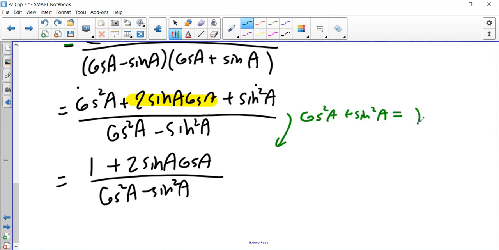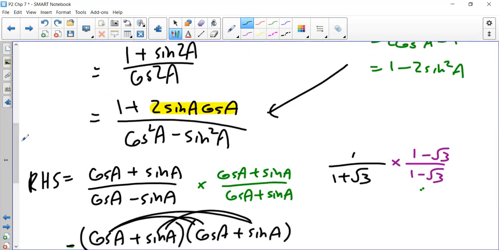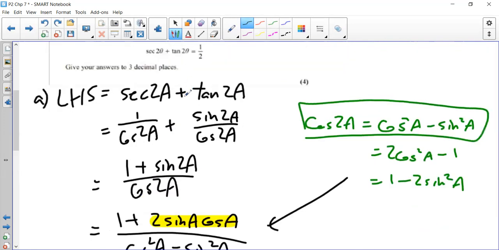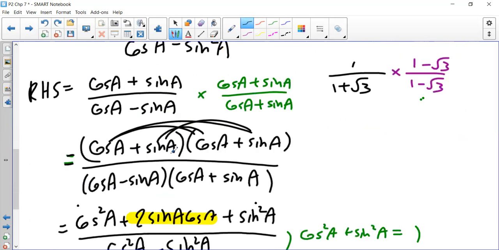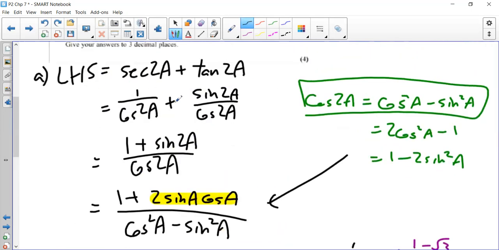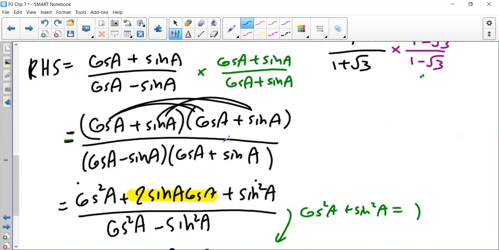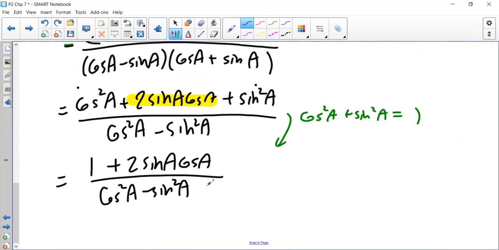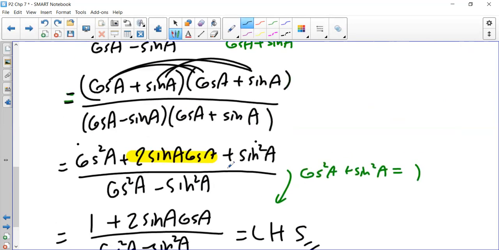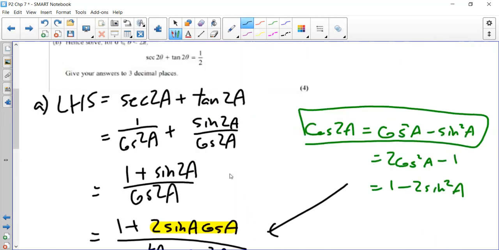And therefore, you can see my left-hand side, even though it's not from the question, my final step is that if any line in the left-hand side equals one of the lines in the right-hand side, then we call it left-hand side equals right-hand side. And that's proven. So this is what I mentioned in the beginning. You don't have to show it from one way all the way to the other.